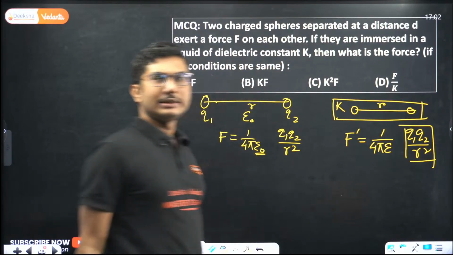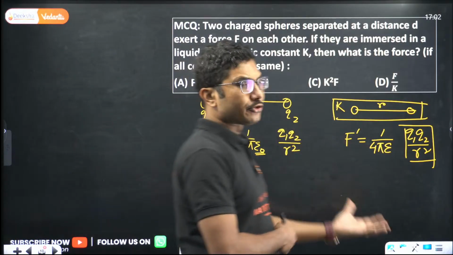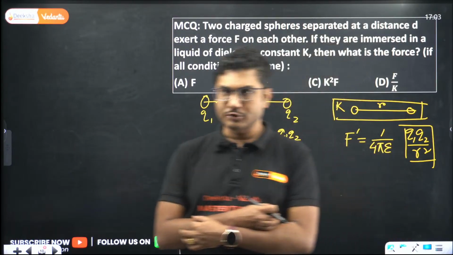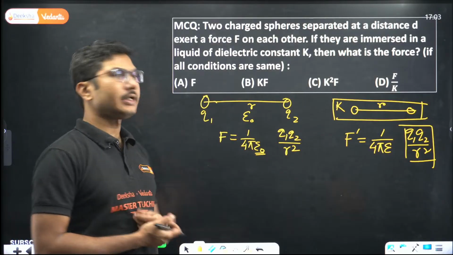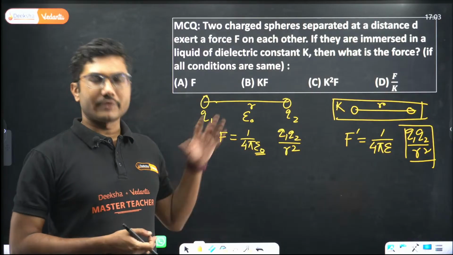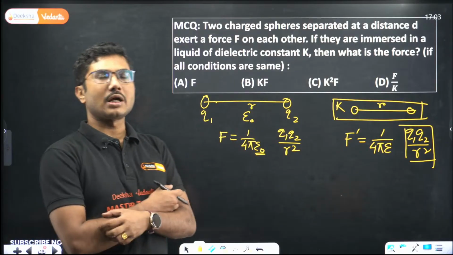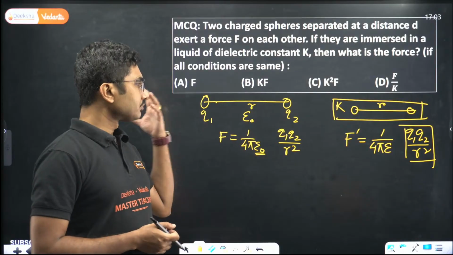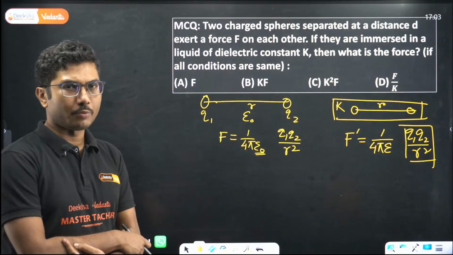This part remains the same because it comes from Coulomb's law. Coulomb only says that the force is proportional to Q1 Q2 and inversely proportional to R square. He did not give the proportionality constant. The proportionality constant came after solving the equations, and it basically comes from Gauss's law. After doing Gauss's law, they realized the proportionality constant is 1 by 4 pi epsilon naught.